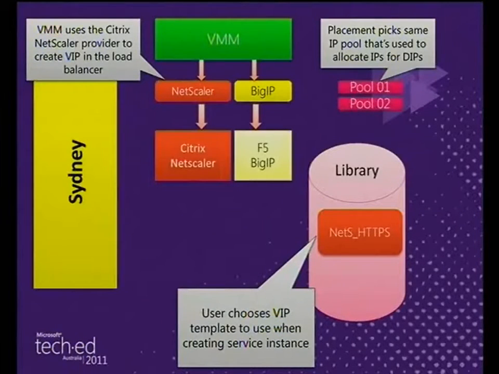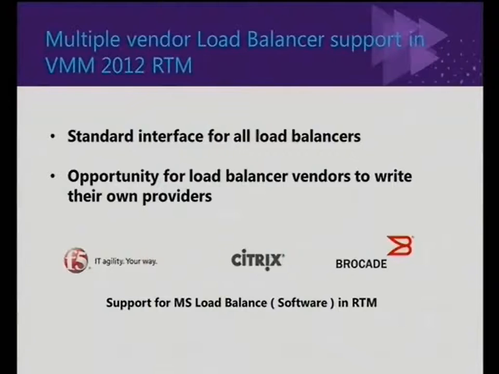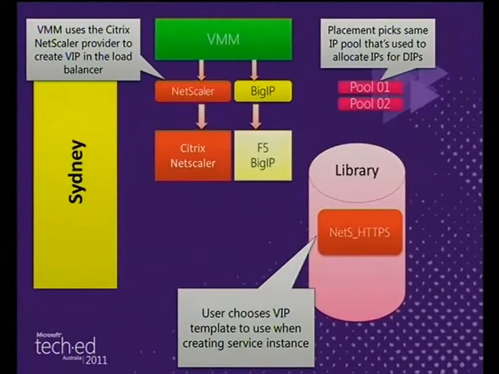So VMM is going to use Citrix NetScaler, or F5 Big-IP, or in the RTM version, Microsoft load balance, or Brocade, or any other that creates a custom provider for SCVMM. Then what's going to happen? The provider, which is this one here, will connect to the Citrix NetScaler.